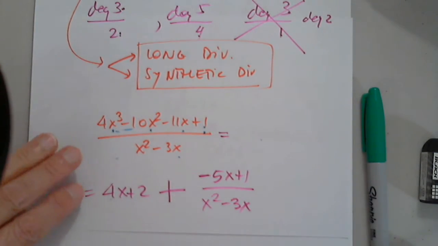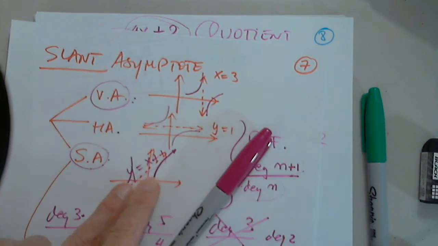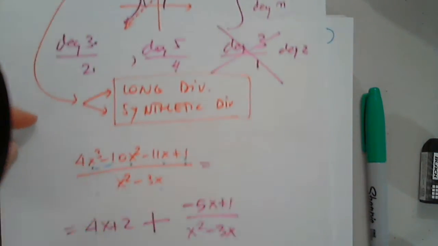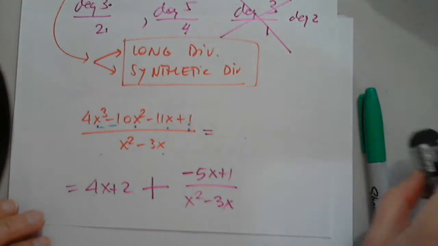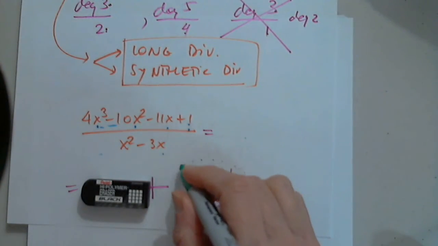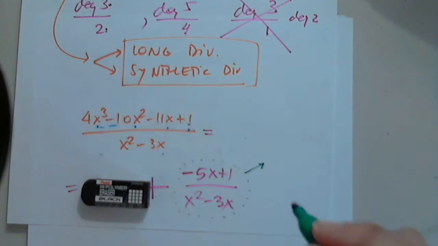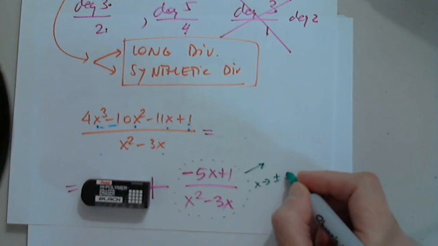So as I explained here, the slant asymptote is when x approaches infinity, or negative infinity. Well, where does this go? What do you think? Where does this fraction go when x approaches plus or minus infinity?